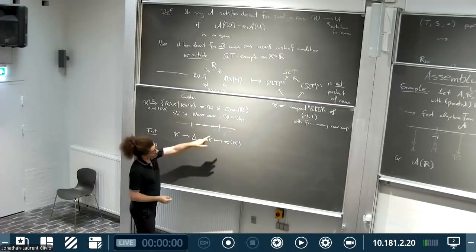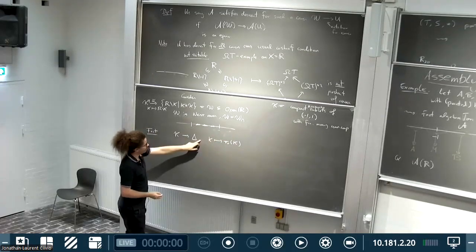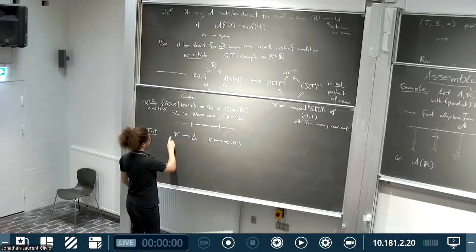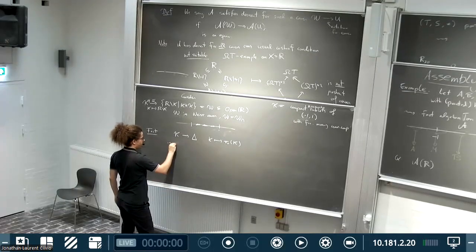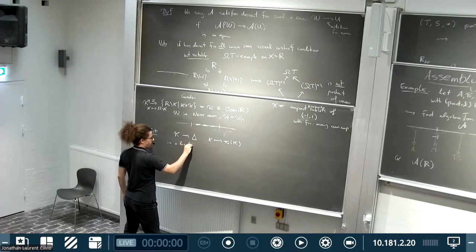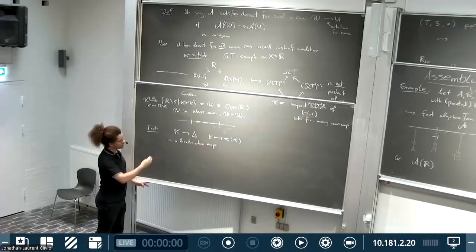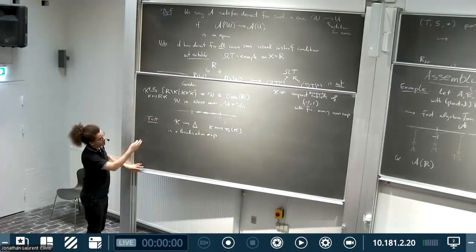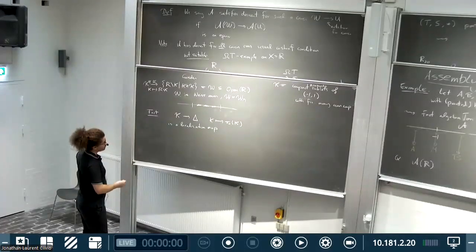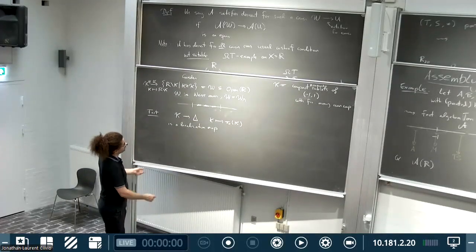Therefore, it's an element n that is finite, linearly ordered and non-empty, so it's a well-defined element in here. And there's a fact, which is that this is in fact a localization map. This is not a super trivial fact, but I will just accept it for now. One can show that this is a localization map.